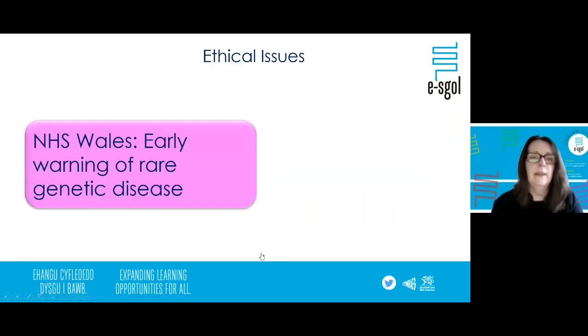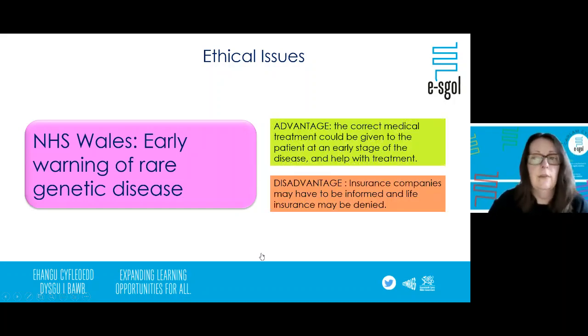So here's another aspect to think about, that NHS Wales would suggest early warning of rare genetic diseases. So that's our information and our starting point. So the advantage of that is that the correct medical treatments could be given to the patient at an early stage, and any help with treatment.